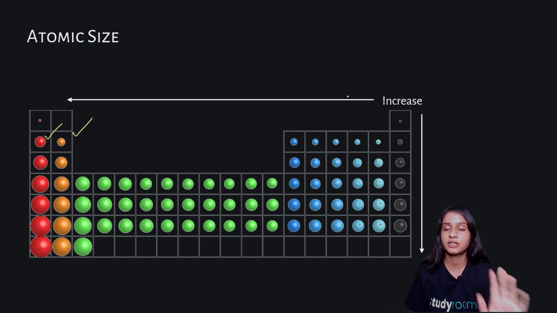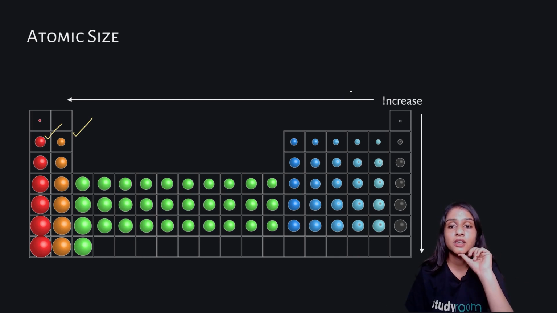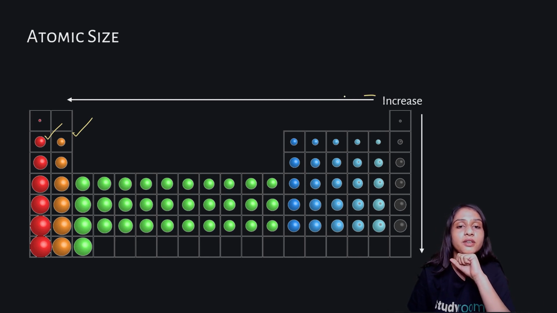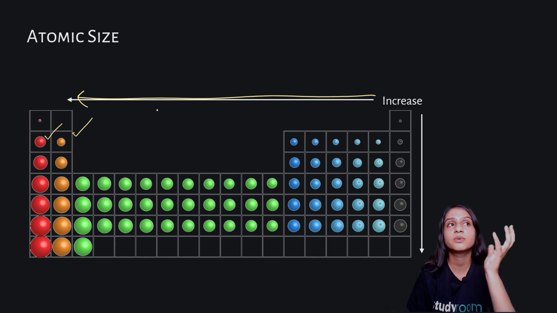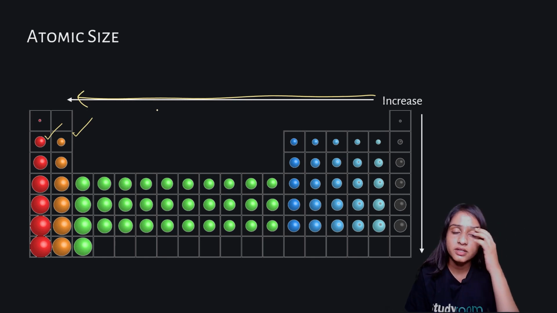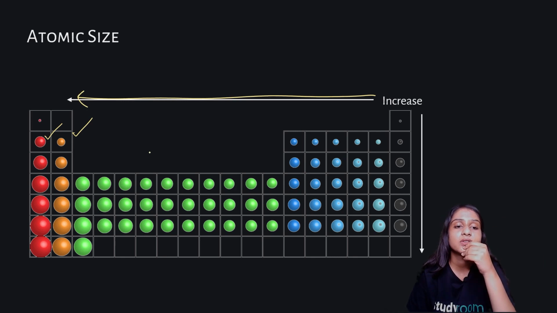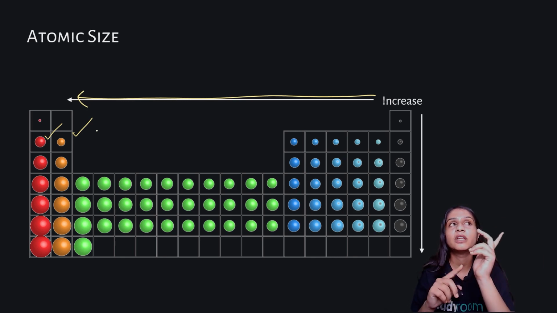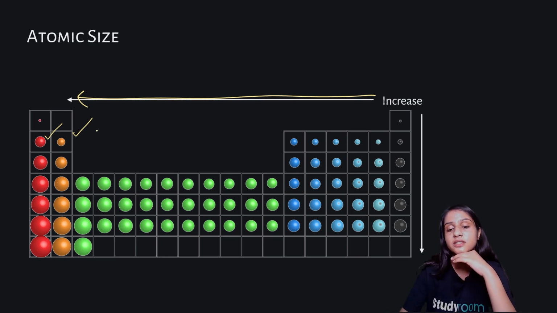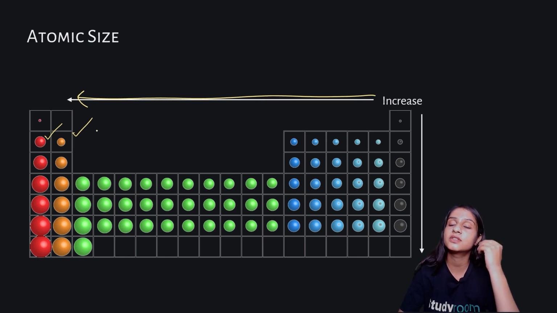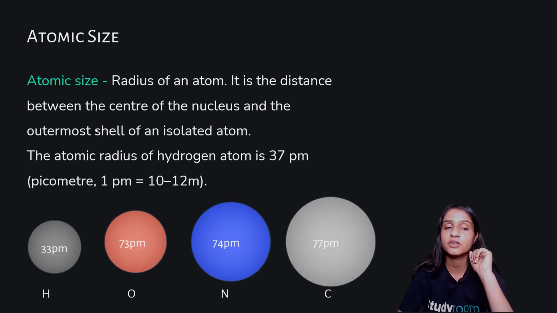So here I'll just explain this. So all the elements here you can see is a gradual increase. Here is because they don't have this inter-force that is driving them to shrink. Okay. And when you go from left to right, there is a gradual decrease in atomic size because there is decrease in atomic radius because of the inter-force.